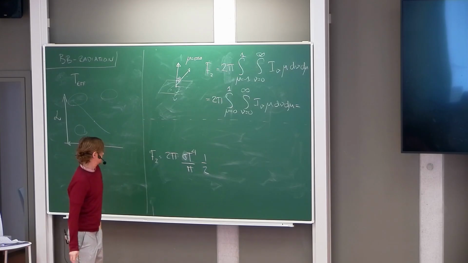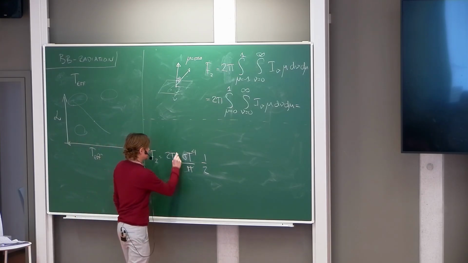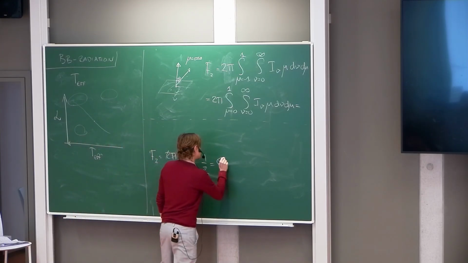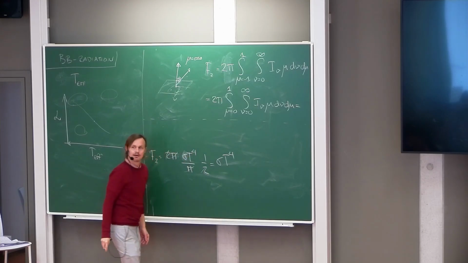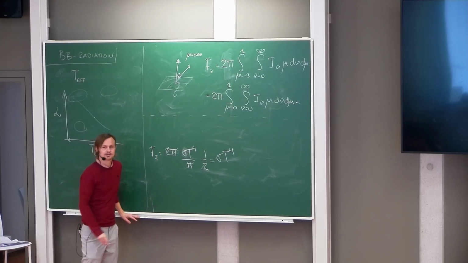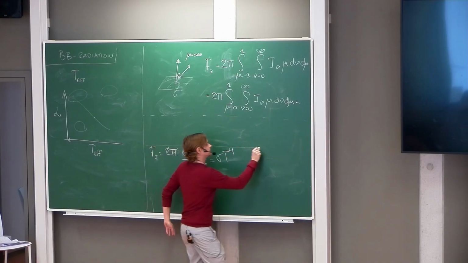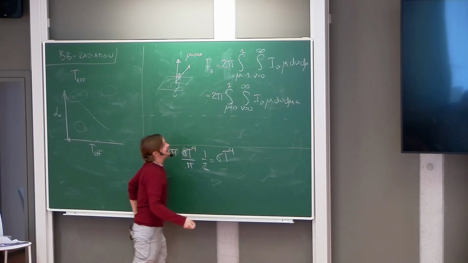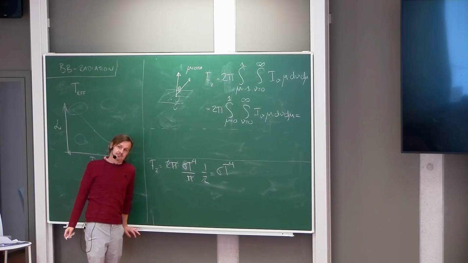So what you can see now is that these cancel. This is just sigma T^4, in the case of a black body. And that's where the definition of Teff actually comes from.